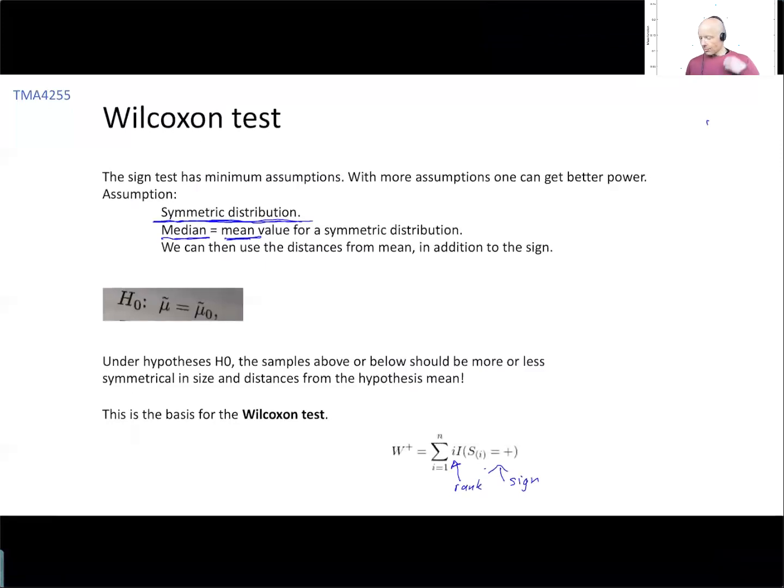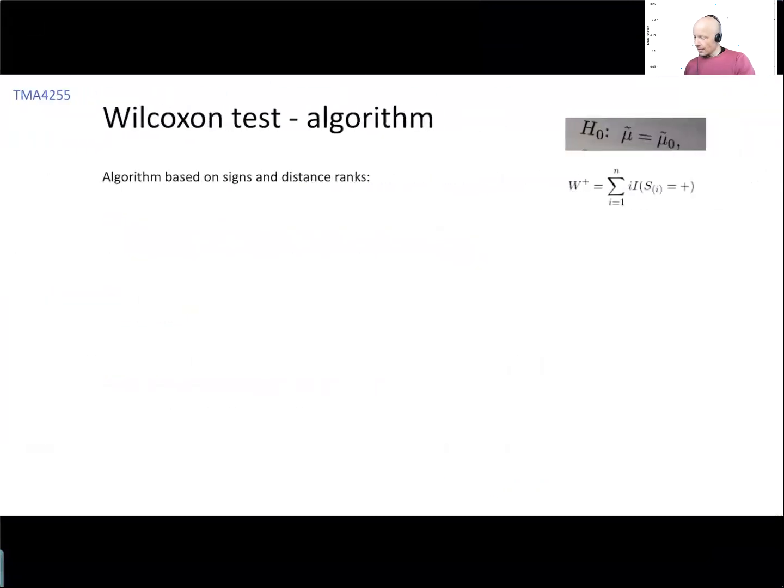I will present this statistic as an algorithm that you can go through to compute the Wilcoxon test statistic. And it's relatively straightforward to do this on a computer. It's all about sorting data and looking at the signs compared with the specified value.